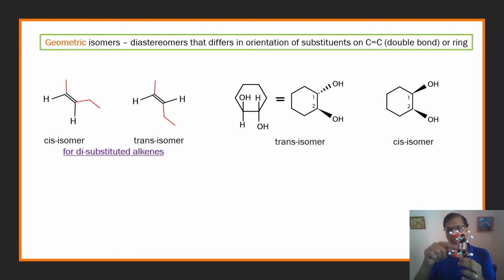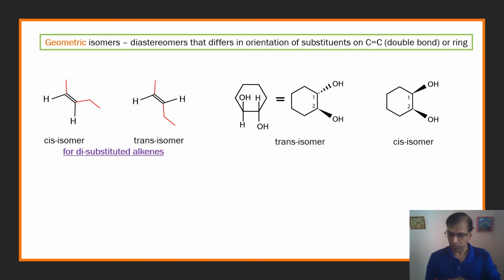They are on adjacent carbons, and if you look at the cyclohexane ring like this, both the OH groups are on the same side of the ring, and so this is a cis isomer. And if they are on opposite sides of the ring, then it's considered to be a trans isomer.